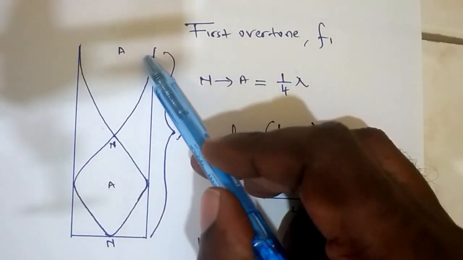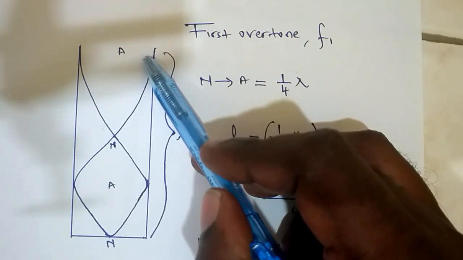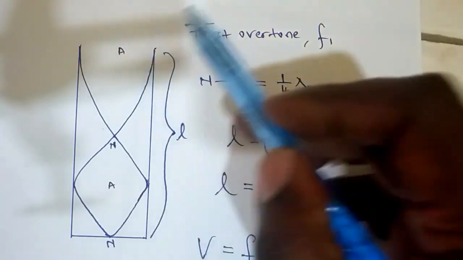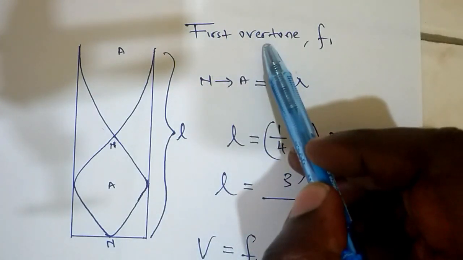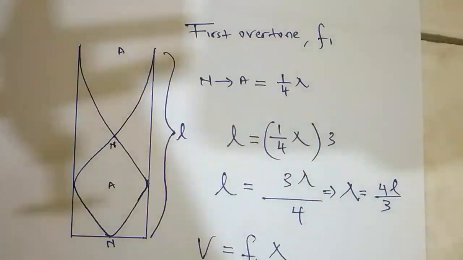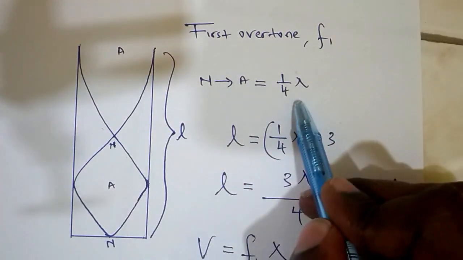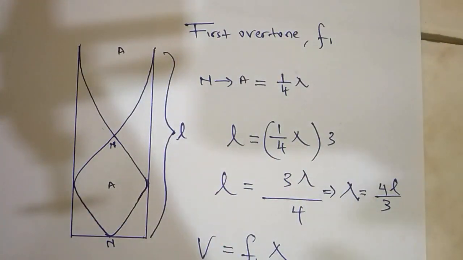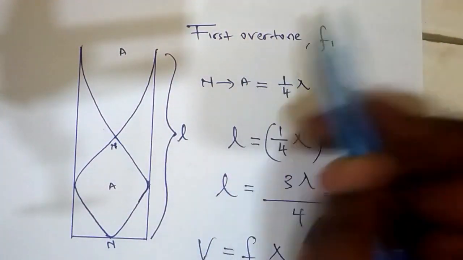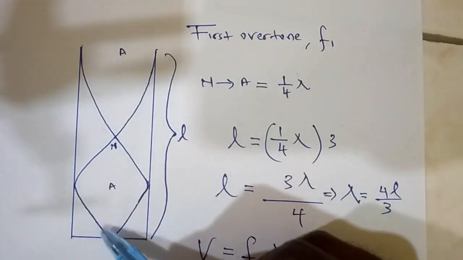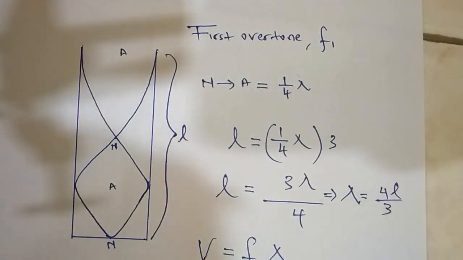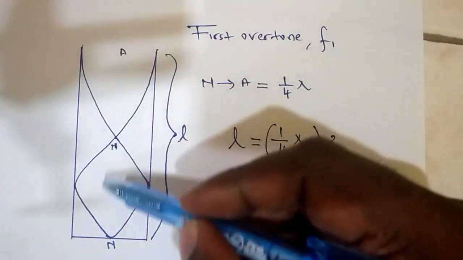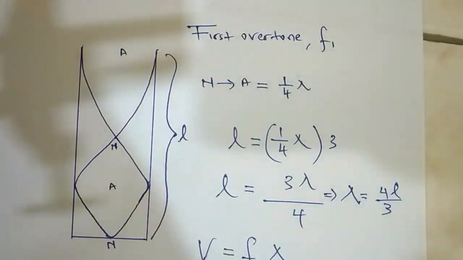When you blow harder across the open end of the pipe, notes of higher frequencies are obtained. This is the first overtone, which is F1. Again, everyone knows that node to antinode is a quarter wavelength. So for the first overtone, the waveform has 2 nodes and 2 antinodes.